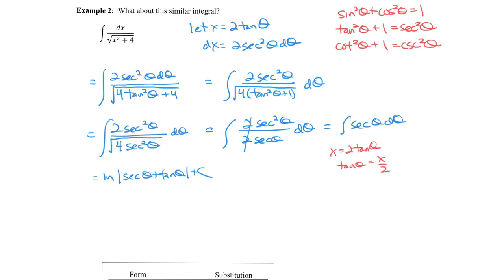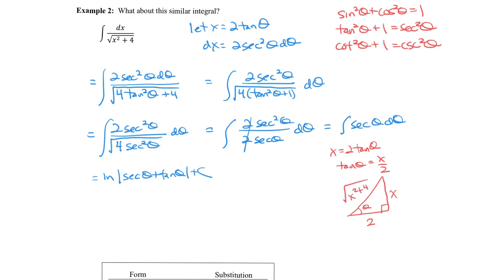And what we'll do every time with this trig substitution is draw a triangle based on that. Here's theta. Tangent of theta is x over 2, right? It's opposite over adjacent. And then by the Pythagorean theorem, we can find this side, right? Isn't this going to be the square root of this squared plus this squared? So that's just going to be the square root of x squared plus 4.